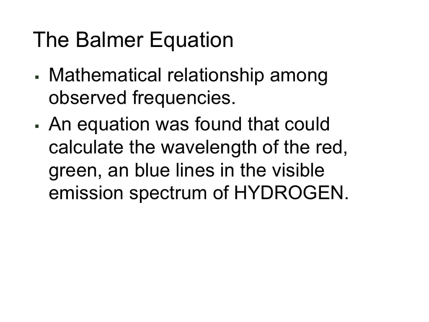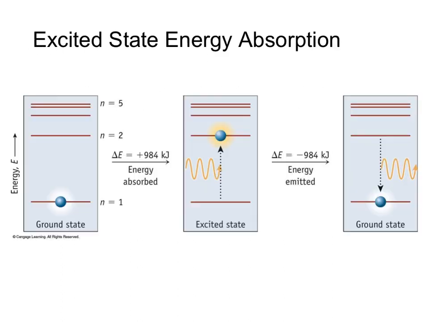The Balmer equation provides for us a mathematical relationship among these observed frequencies and wavelengths. An equation was found that could actually calculate the wavelength of the red, green, and blue lines in this visible emission spectrum of hydrogen from the various transitions. And so again, just to recap, we've got an electron here at our ground state at n equals 1.